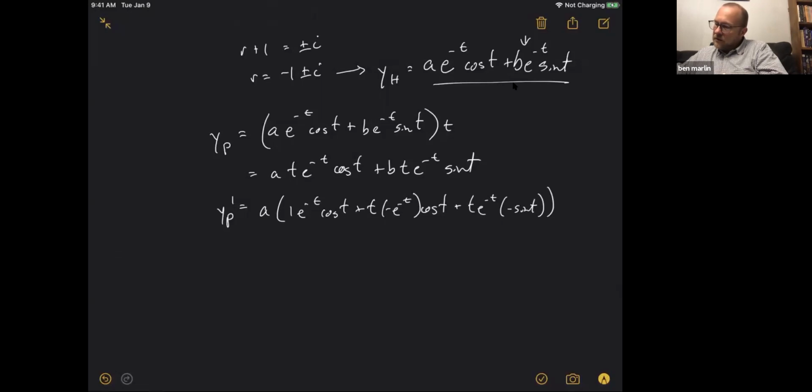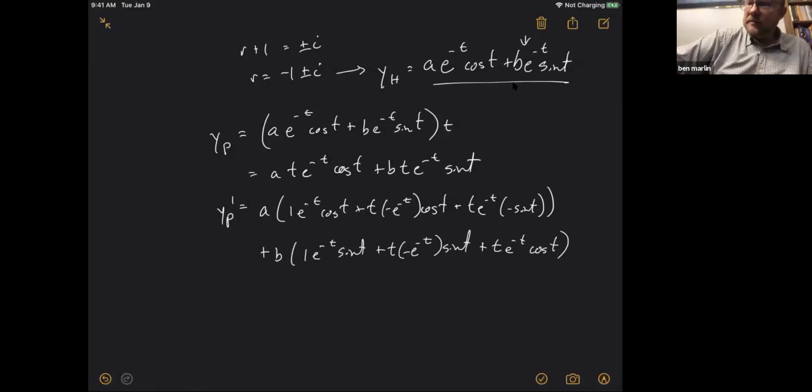Okay, plus b times, and we do the same thing with the sine: the 1 e^(-t) sin t + t times minus e^(-t) sin t, and plus t e^(-t) cos t.